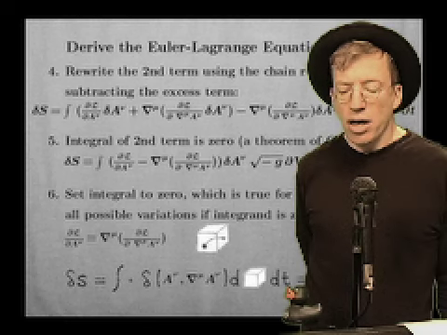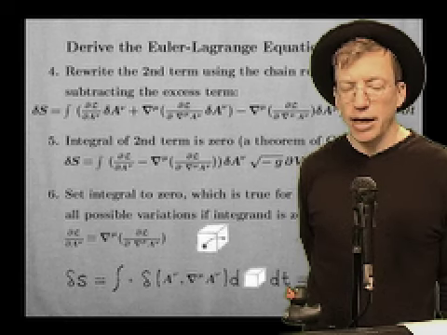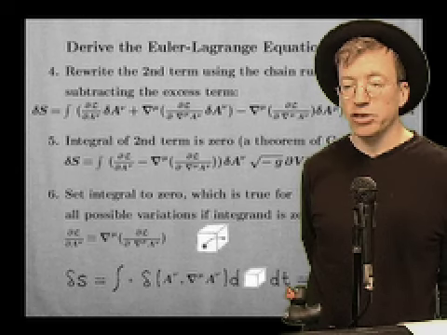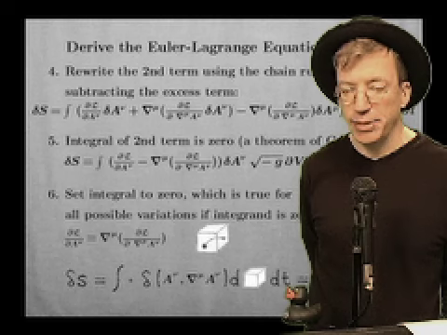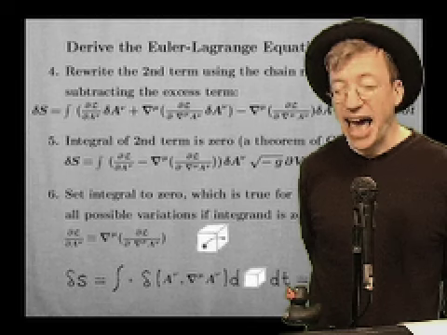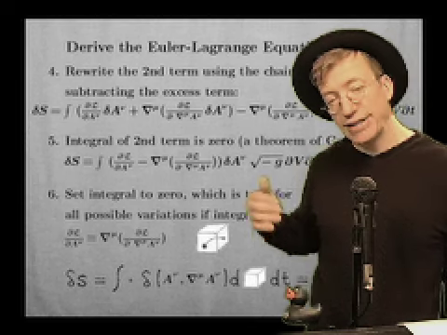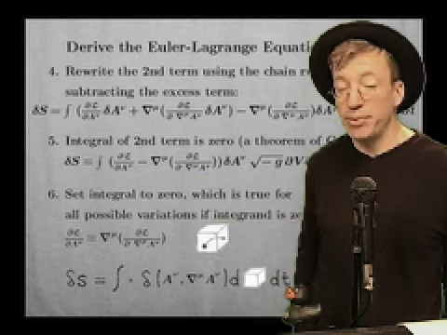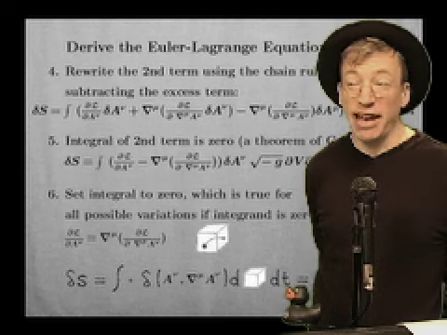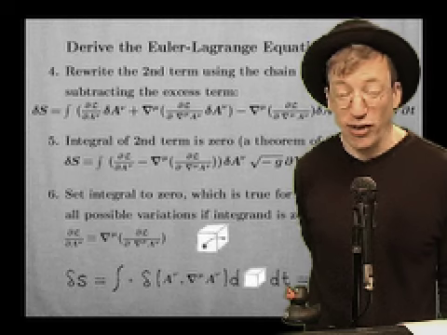So what we do is use something called the chain rule. And that allows us to express everything as the variation in the potential. But it actually has an extra term, so we have to subtract something away from that to make it work out. And then there's this theorem of Gauss that I actually don't understand so well myself.